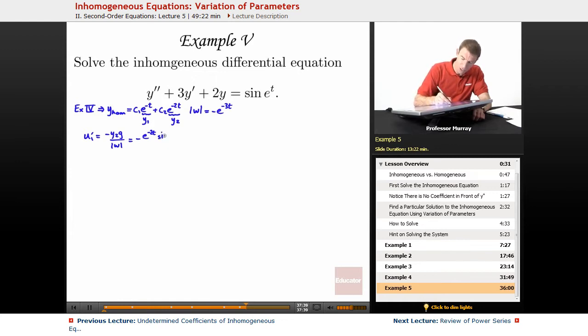Remember, g is whatever you see on the right-hand side there. So sine of e to the t. Got that over here from g of t. And our Wronskian determinant is negative e to the negative 3t.